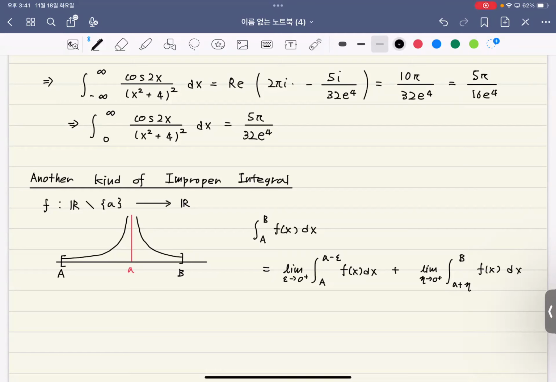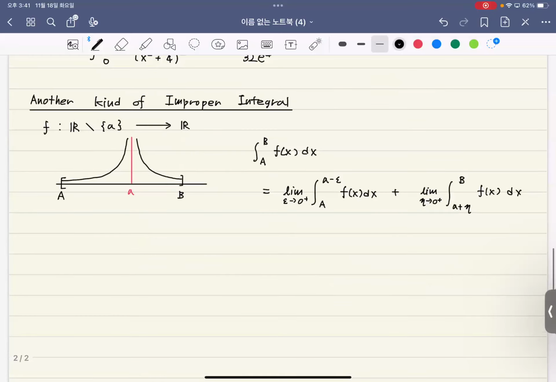I want you to recognize that I have two independent parameters, epsilon and eta, and as these two independent parameters tend to 0, independent from each other, if these two limits exist, then we can say this improper integral exists. In other words, this one exists if and only if both of these exist.